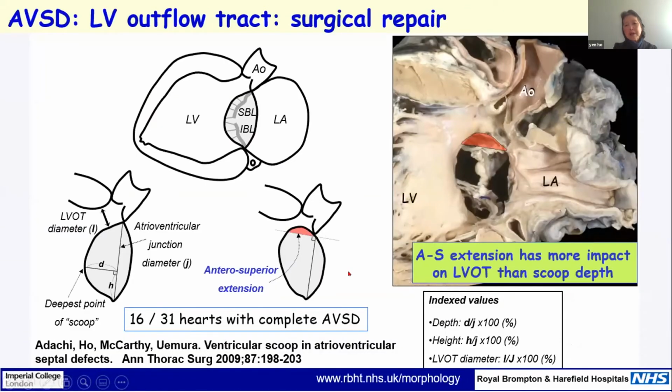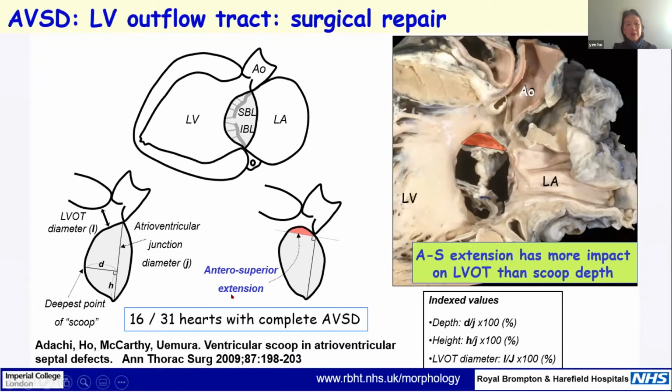The impact of that already inherently narrow outflow tract is shown here. We made a study looking at the impact of the scoop of the defect versus how much anterior superior extension of that defect is into the outflow tract.